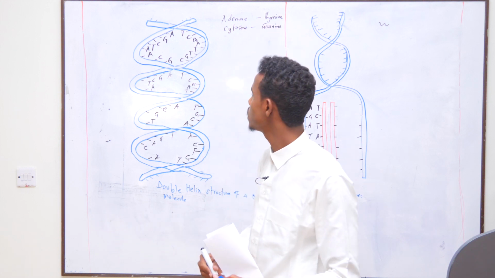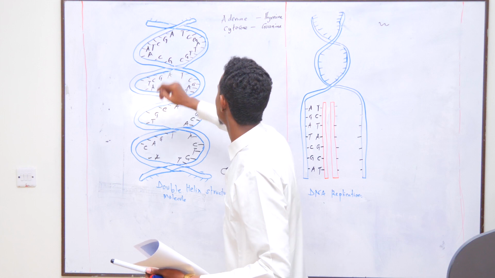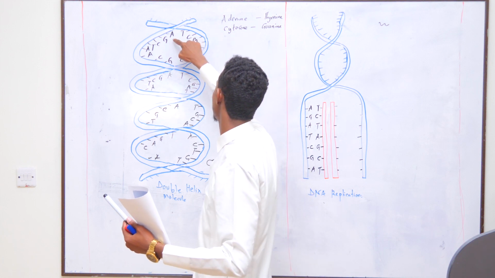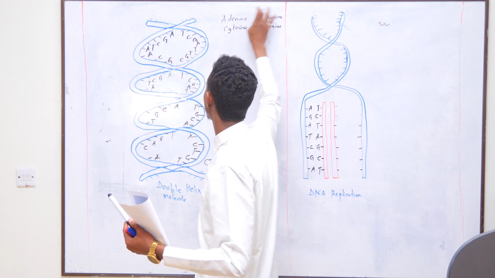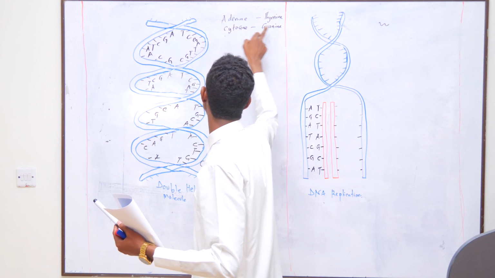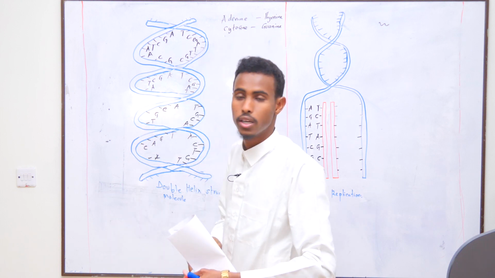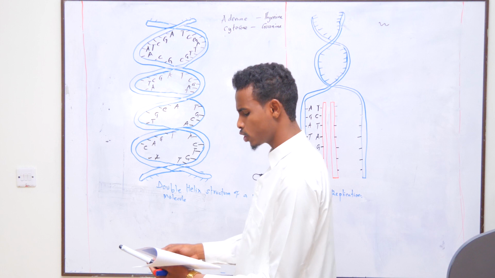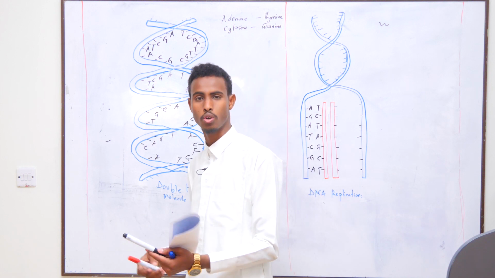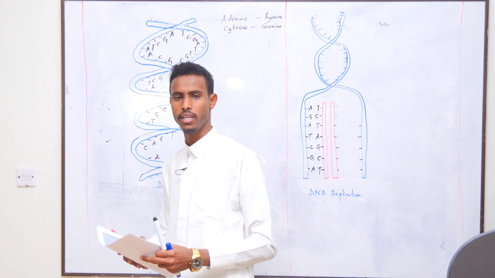These letters just represent the bases: A represents adenine, T represents thymine, C represents cytosine, and G represents guanine. Most importantly, class, today I want us to focus on DNA replication.